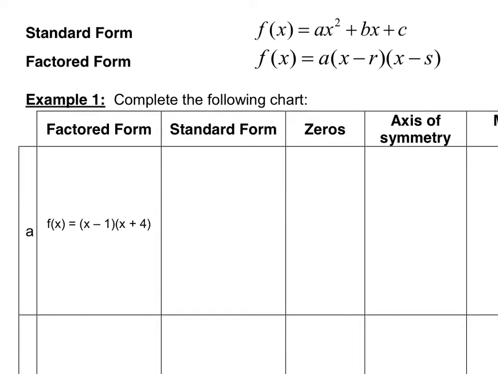I know that it's in factored form because I see my two brackets there, which represent my x-intercepts, which are my r and s value.